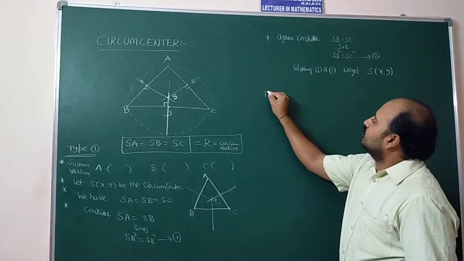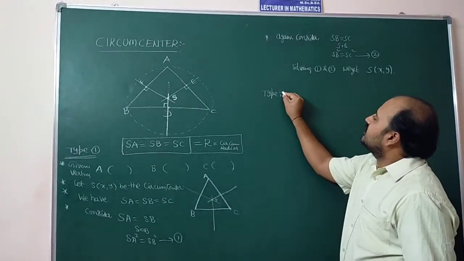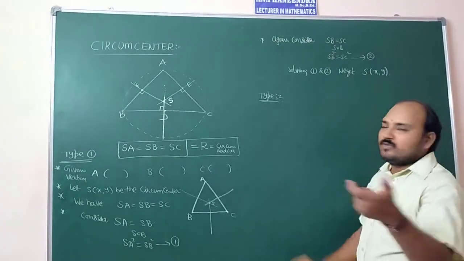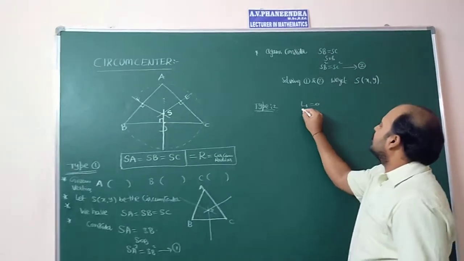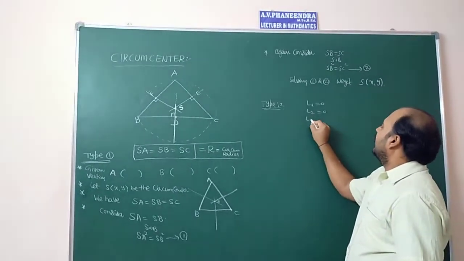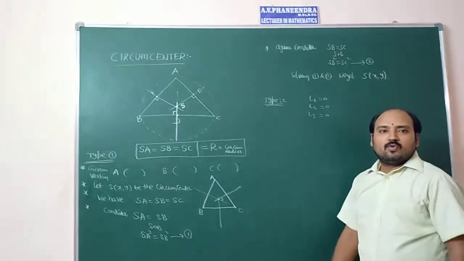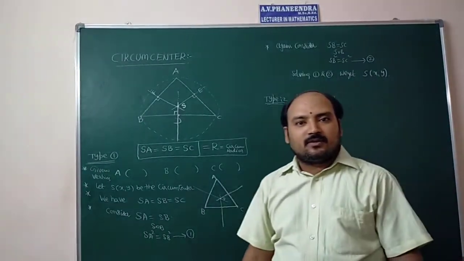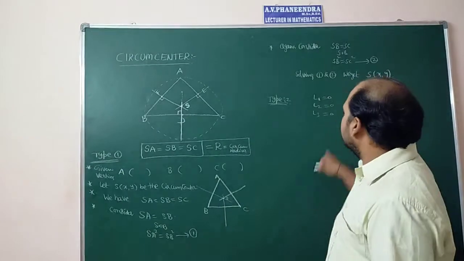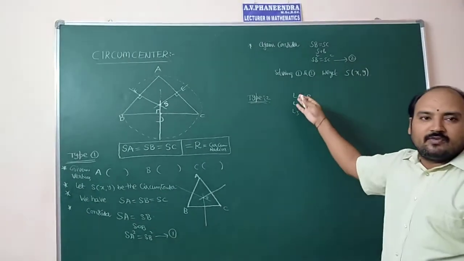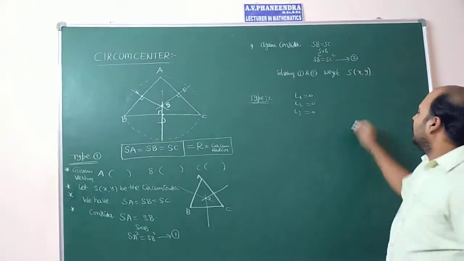What about type 2? In type 2, they will give 3 lines. L1 equal to 0, L2 equal to 0 and L3 equal to 0. Find the circumcenter formed by the sides of the triangle with the lines L1, L2, L3.